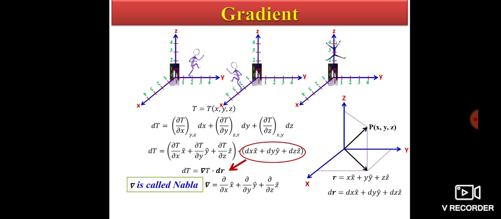What is the physical meaning of the gradient of any scalar field? We will discuss later on. So what we get? We get that dT is equal to gradient of T dot dr. Now we find the maximum change in dT.